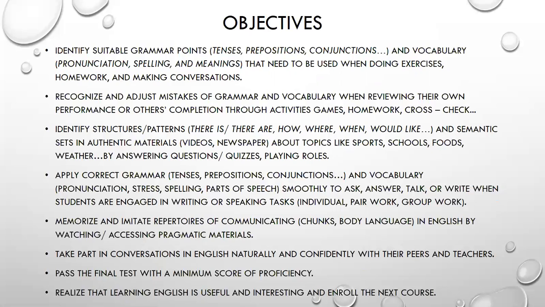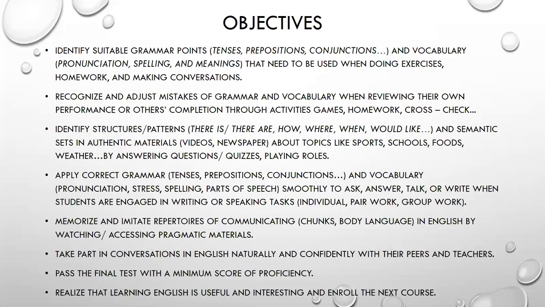They can recognize and adjust mistakes of grammar and vocabulary through observing their own performance and others' performance through some activities like games, homework, and cross-checking. They are able to identify the structures, patterns, and semantic sets in authentic materials.